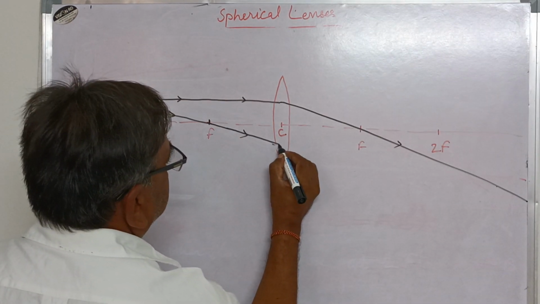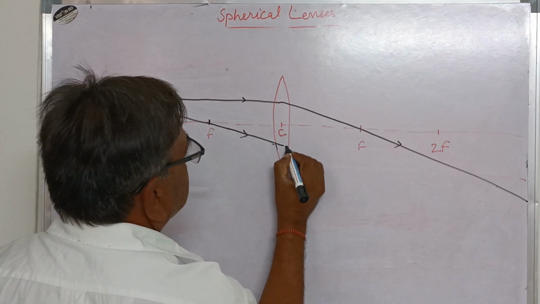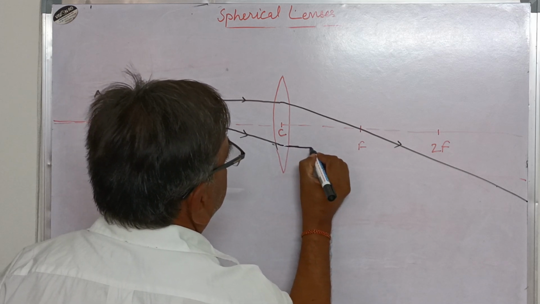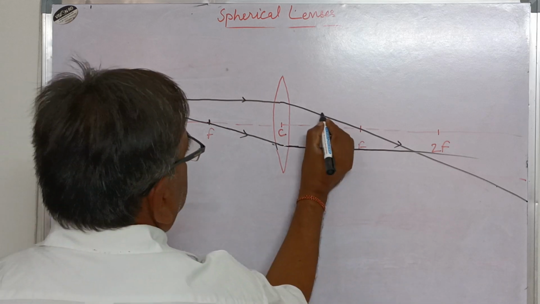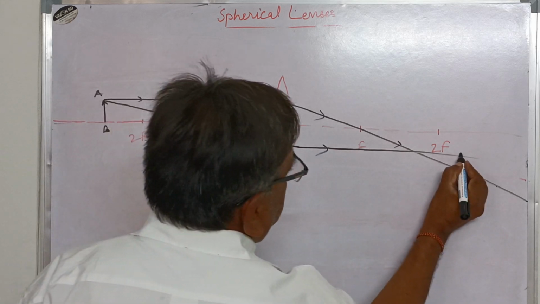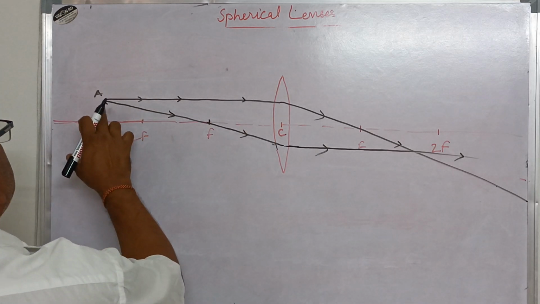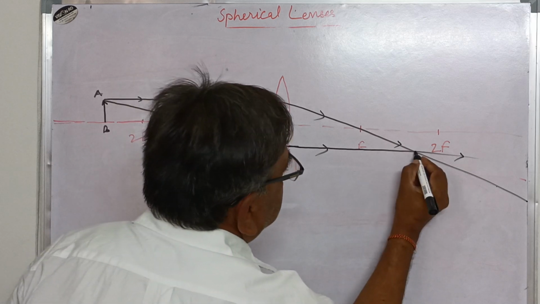After refraction, after emerging from the lens, this will become parallel. The two rays starting from A, after refraction, cut at this point.